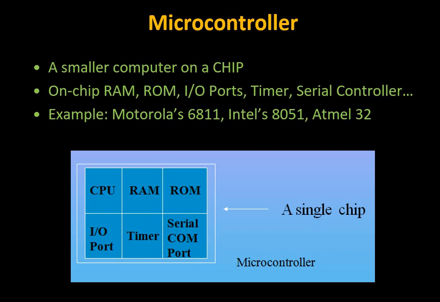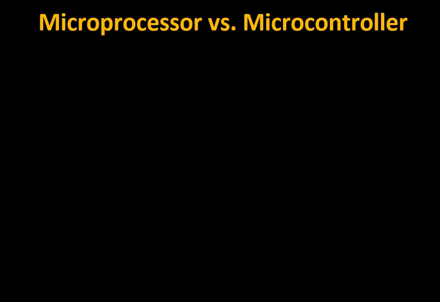Here we can see the diagram, and we can say that a microcontroller is a single chip device which contains CPU, input output port, RAM, timer, counter, ROM and serial port.